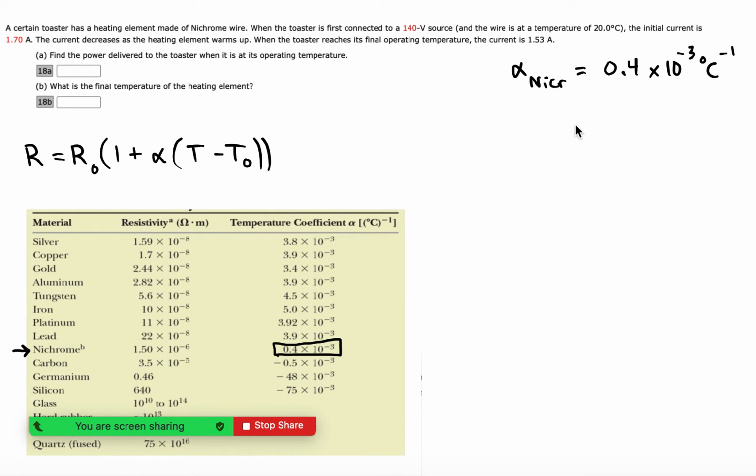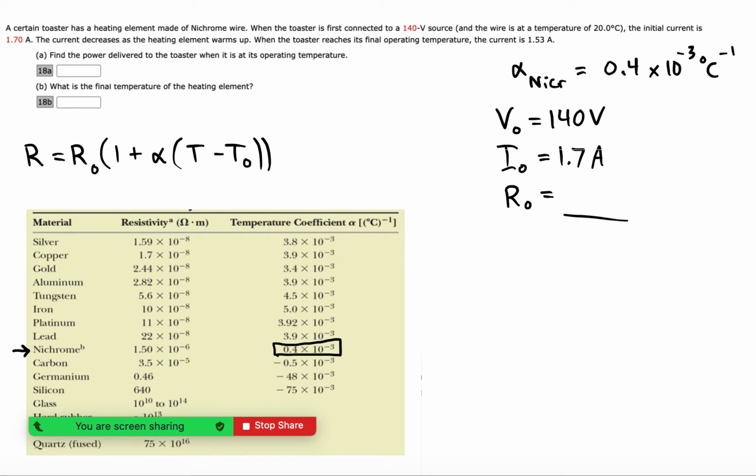So they gave us the voltage initially, which is 140 volts. They gave us the initial current, 1.7 amps. We'd really like to know what the initial resistance is, but we don't have it.